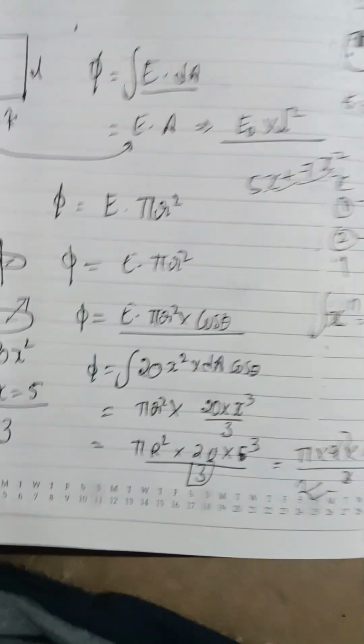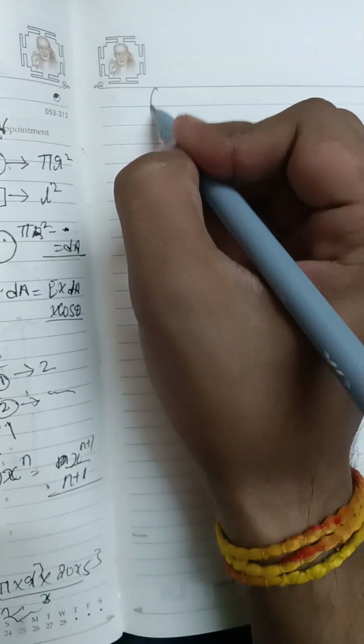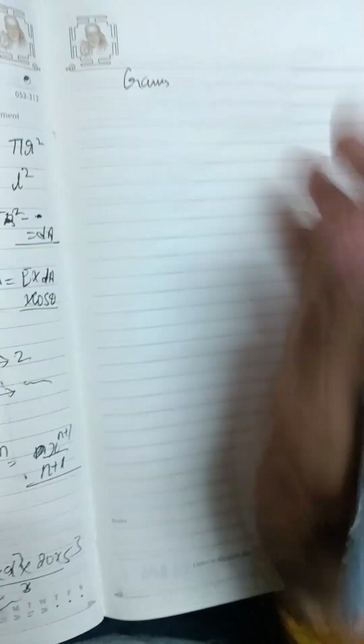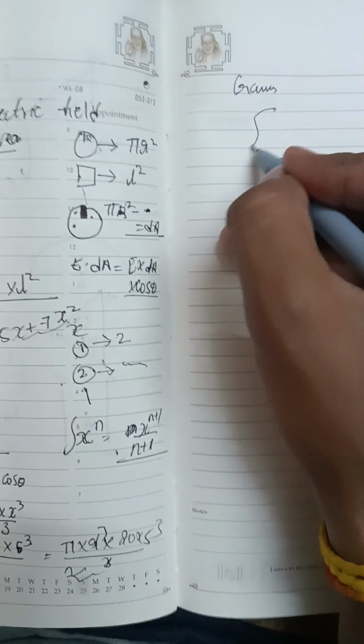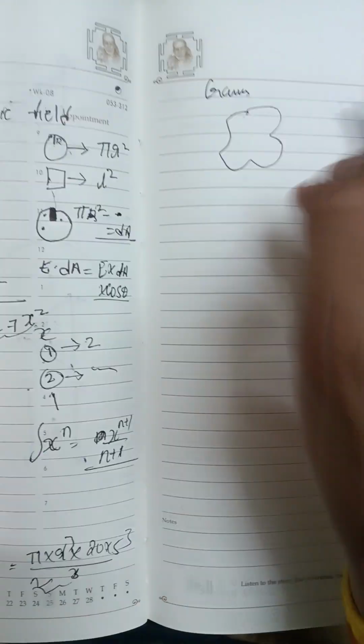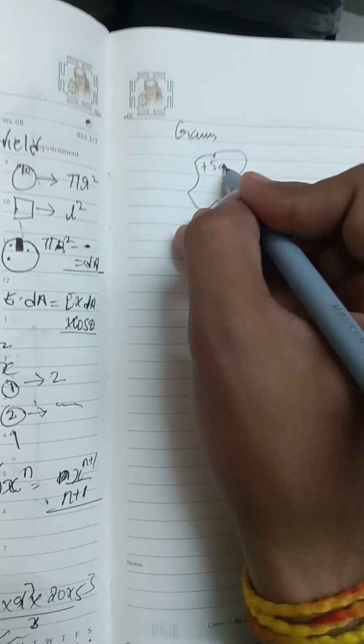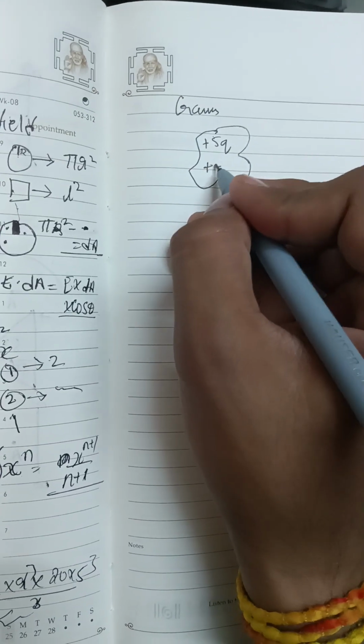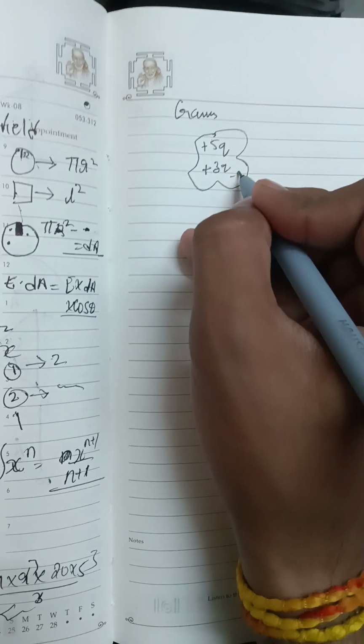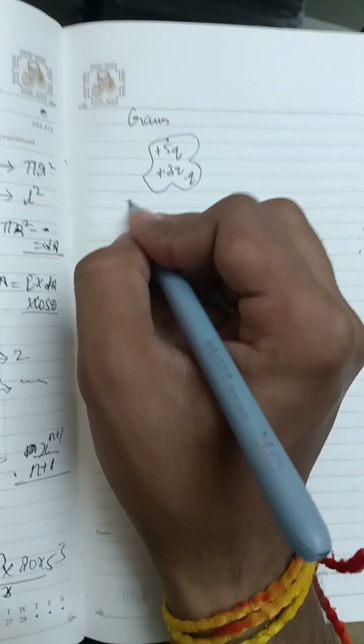Now there's one guy, Gauss, with his law. He said suppose there's an imaginary Gaussian surface. Here there's a charge 5q, here a charge 3q, here a charge minus q, and outside the Gaussian surface there's a charge 29q.